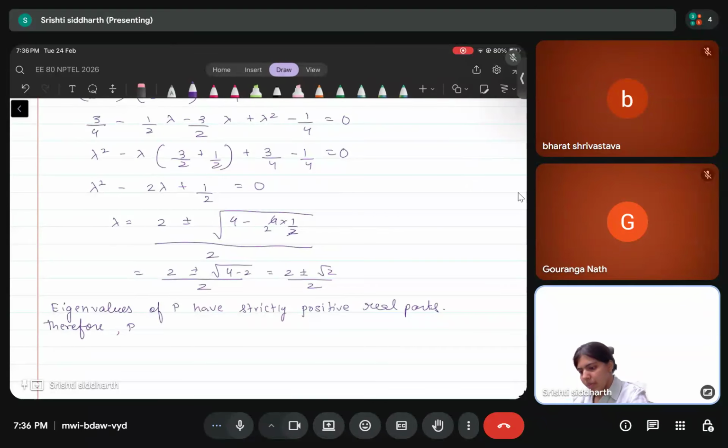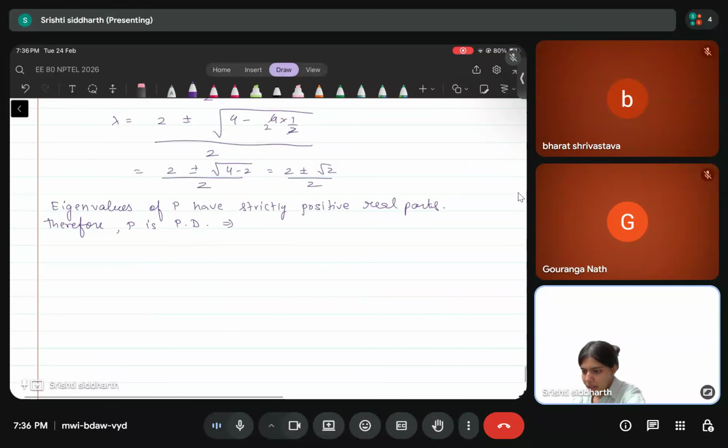Therefore, P is positive definite. And this implies that the system is asymptotically stable.